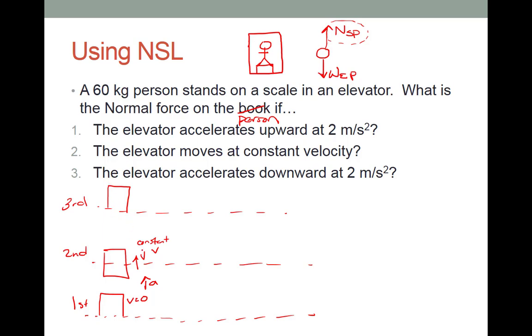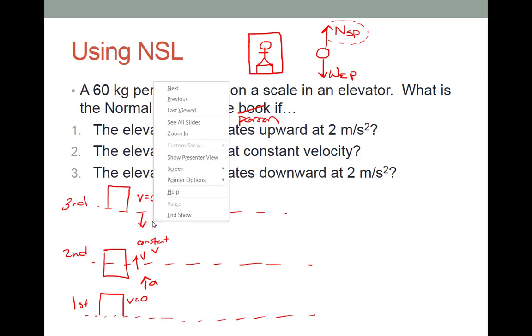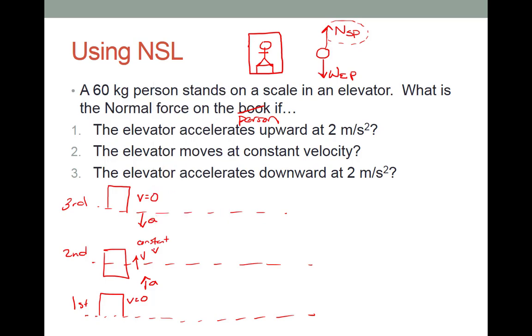So we go from having a velocity back to 0, which means here the acceleration is downward. And I forgot to say the constant velocity case, remember, is a no acceleration case. Okay. So that's the first half of the journey.